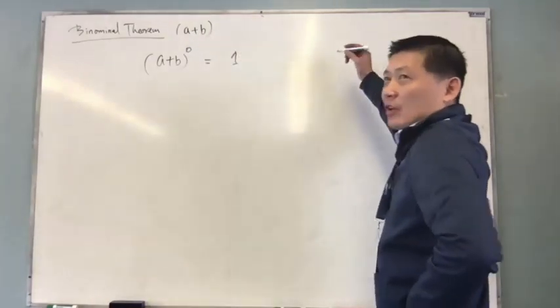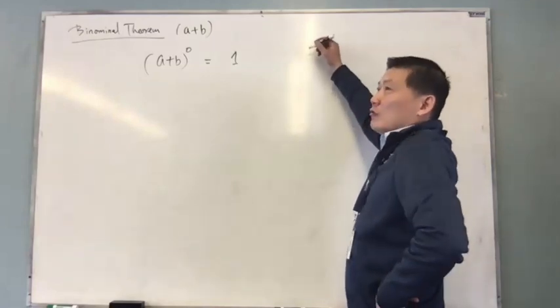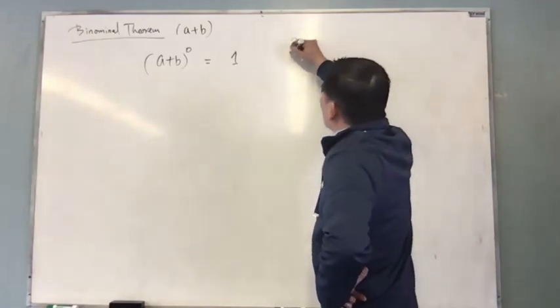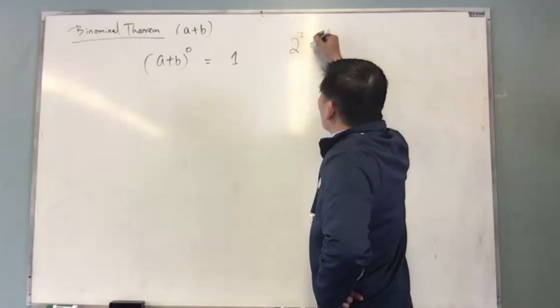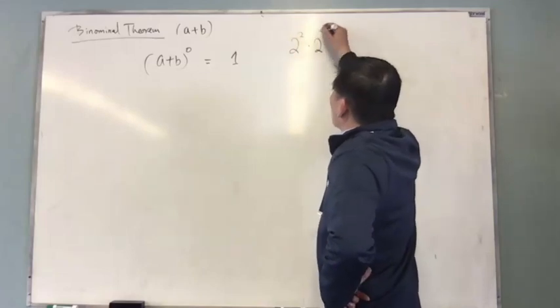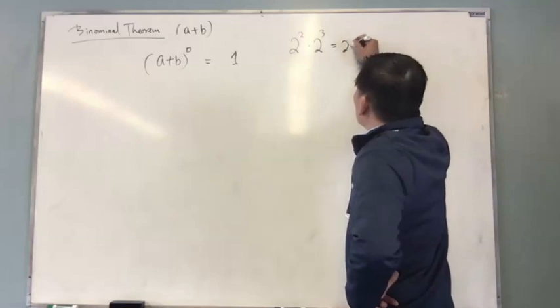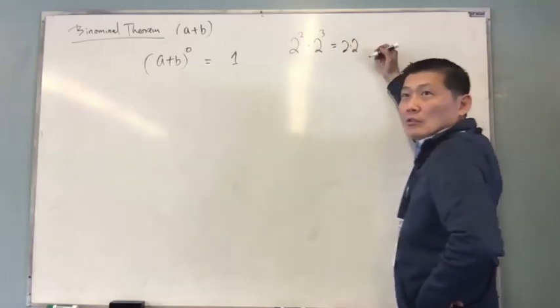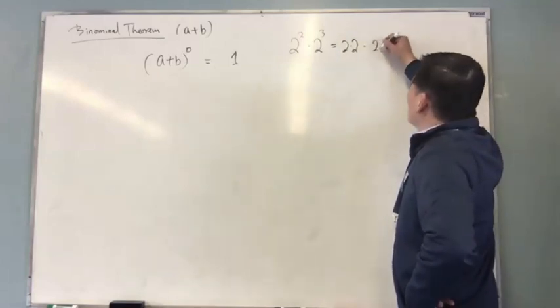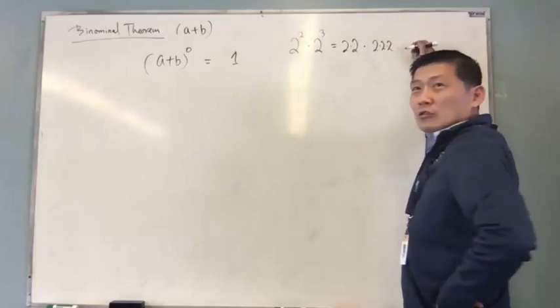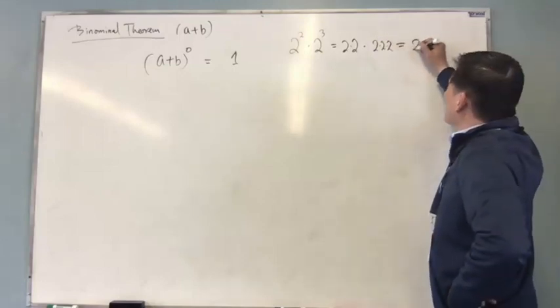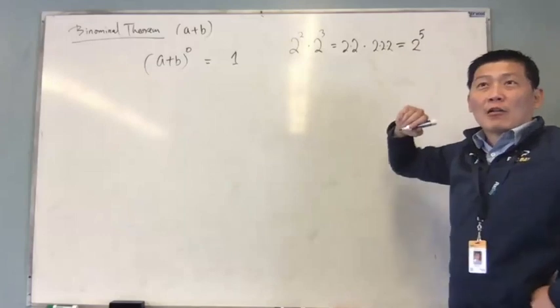But here's how it works, right? So if I had 2 squared times 2 to the 3rd power, this is equal to 2 times 2, right? Times 2 times 2 times 2. And this is equal to 2 to the 5th power, right?